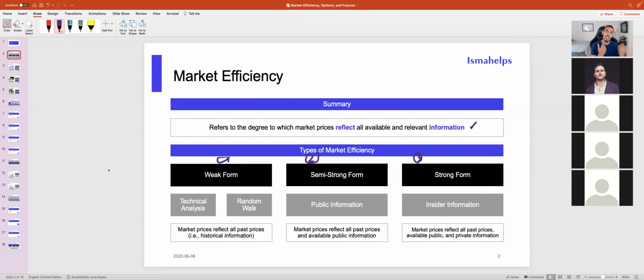So what does it mean? This means that under a semi-strong form, public information is something that everybody else would look into. And if everybody else would look into that, then technically we're all able to make similar decisions. For that reason, public information would already be priced in because everybody has access to the same information on a day-to-day basis.